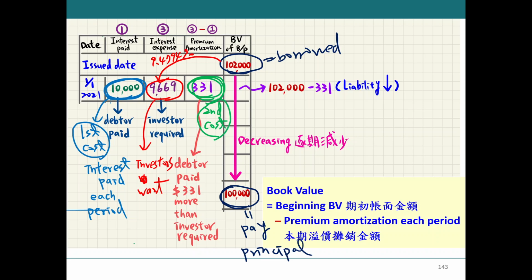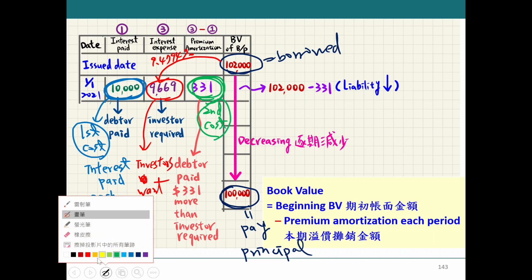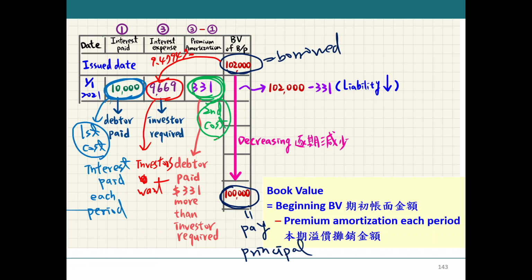Okay? It also means you pay more money for each period. So this $331, you pay more this period.